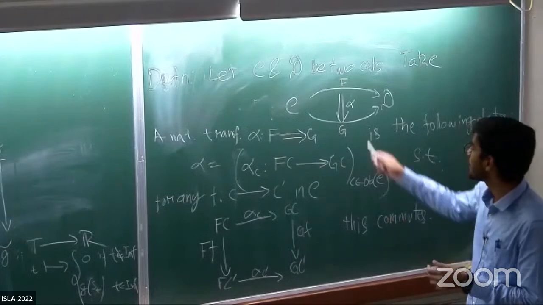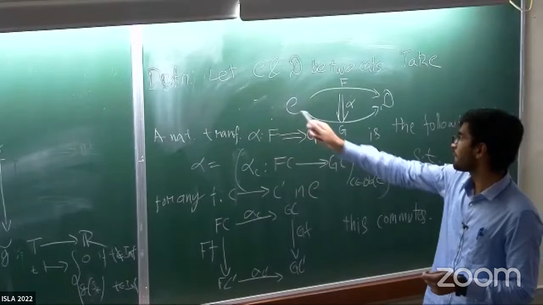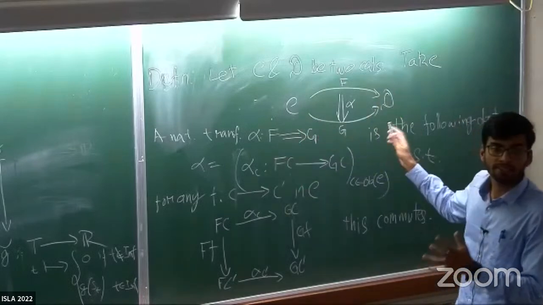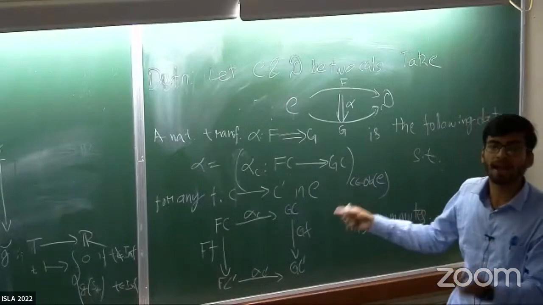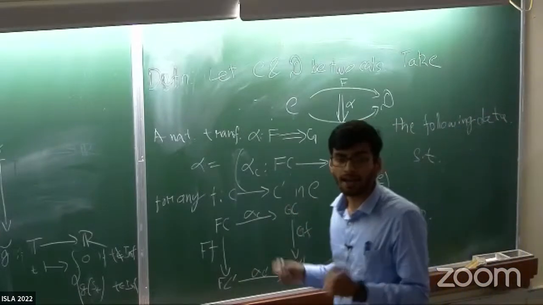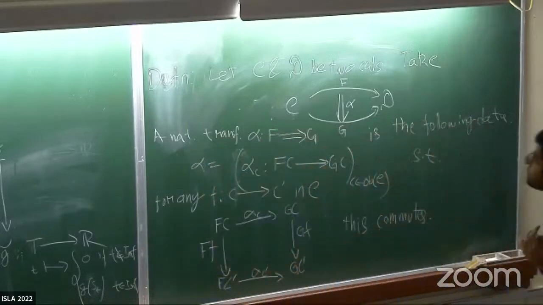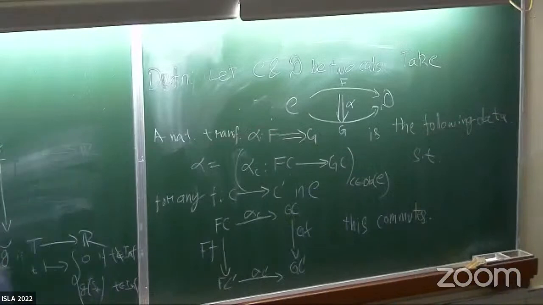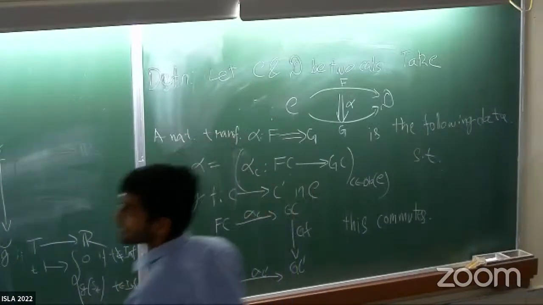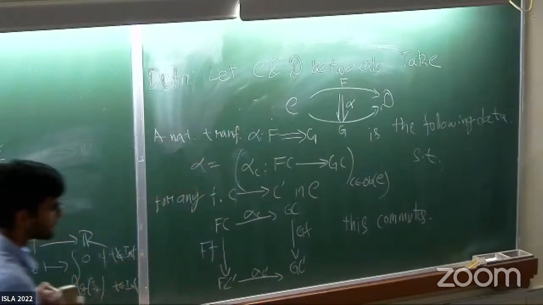One case that may happen is that for an object C, FC and GC are disconnected. They may not have any map between them. And in that case, there will not exist any natural transformation. In discrete categories that will hold. Okay, so that's the definition. It's not really a set.